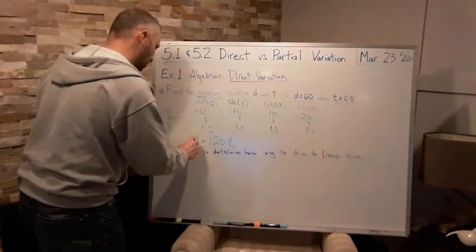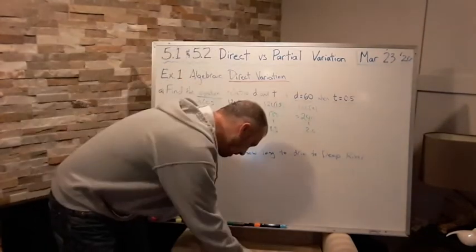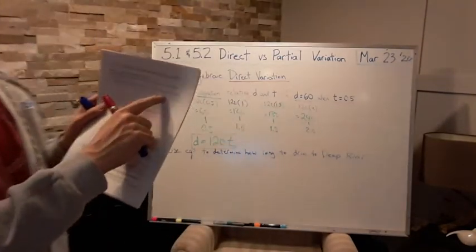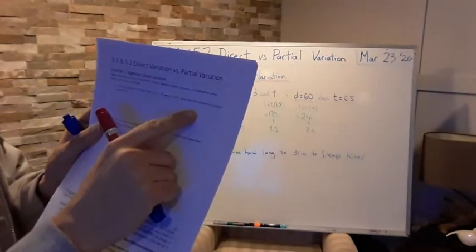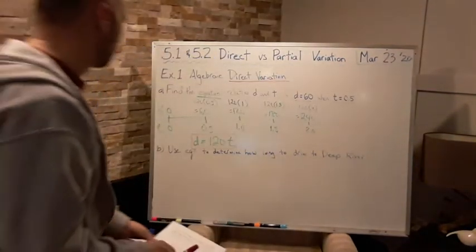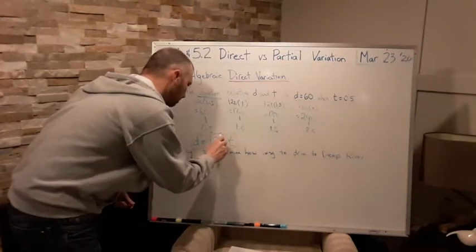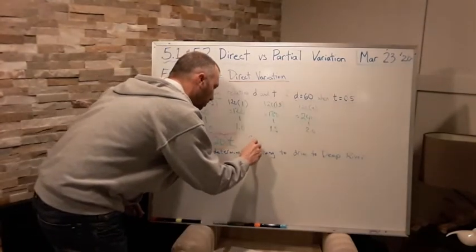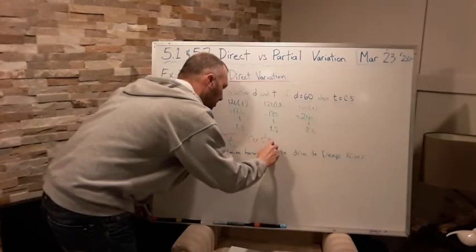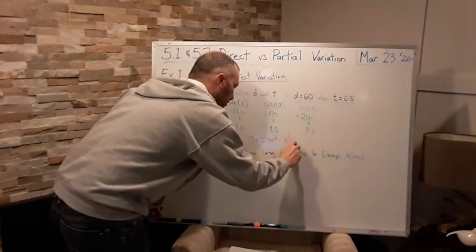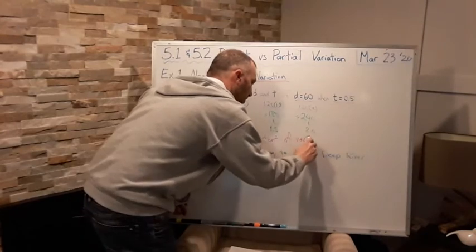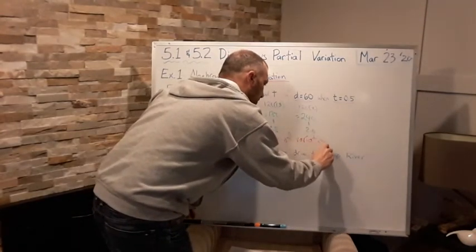There's another part to the question, actually, and it says, what does the constant of variation represent? Well, the constant of variation is this number here. And, well, what do you think the 120 represents?